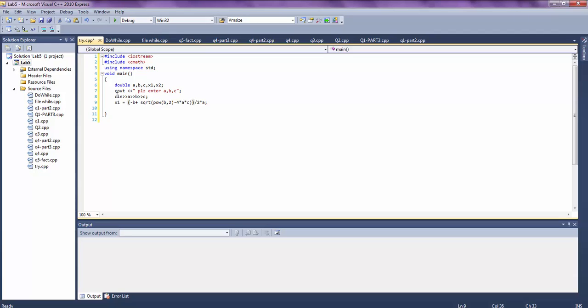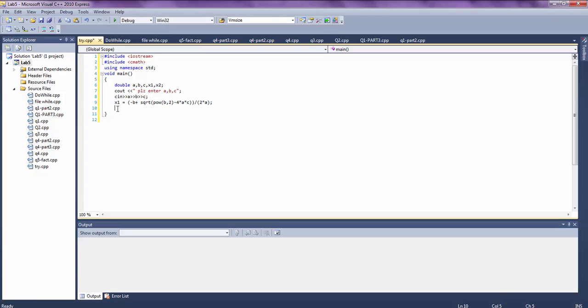I need this to be done first with the addition of minus b, and then divide it over 2 times a. And again, even if you put it like this, first it will do minus b plus the square root, and then it will divide it over 2, and the result of that it will multiply by a. So to keep the correct priority here, I need this one to be in two brackets.